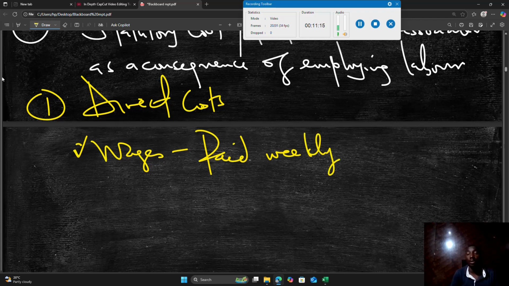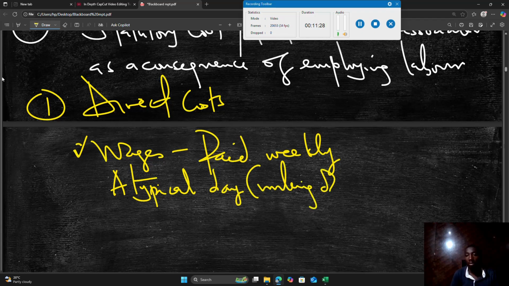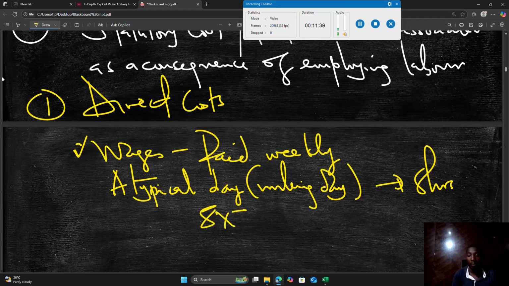In a week, we could establish a typical working day, which comprises 8 hours. So you may look at what is paid in a week, which is 8 times 5, Monday to Friday, of hours paid to labor.